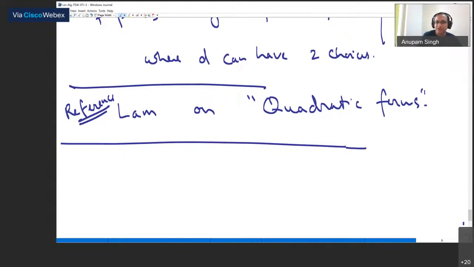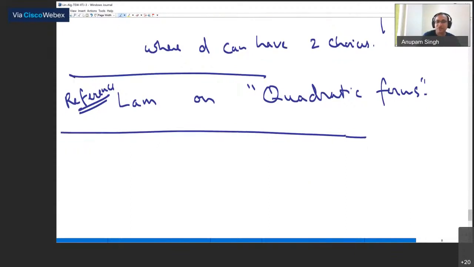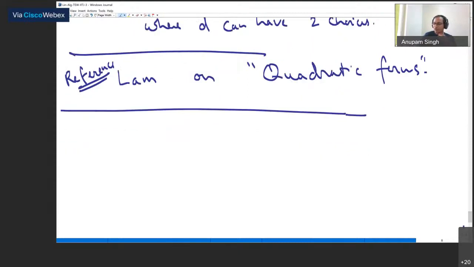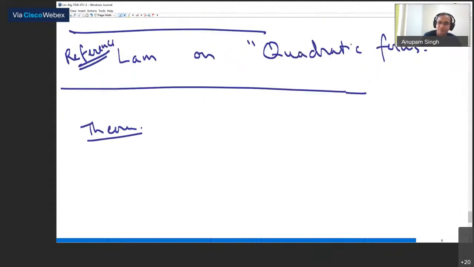So you see that the problem is quite complicated for symmetric bilinear forms. You can also ask the question, what happens to skew-symmetric bilinear forms? Can I say something about skew-symmetric bilinear forms? And yes, I can give a very nice answer. In fact, that case is the simplest situation.